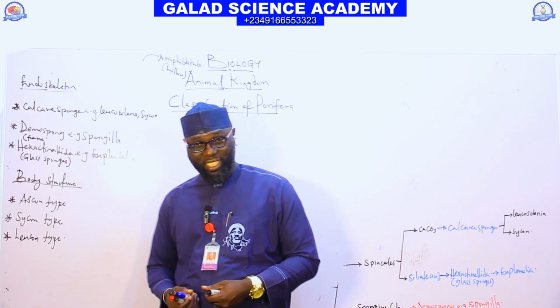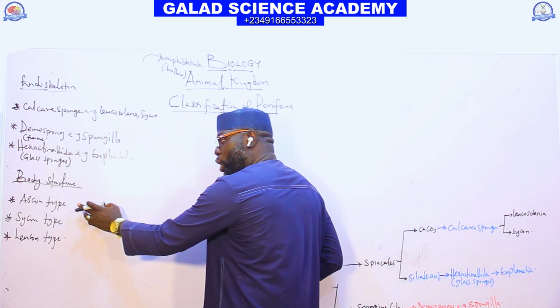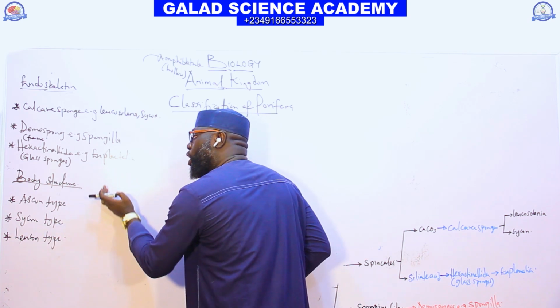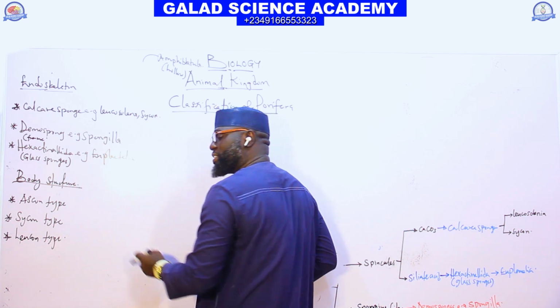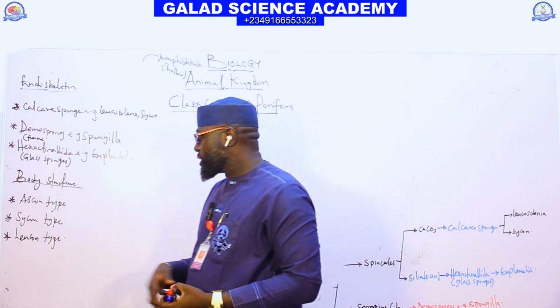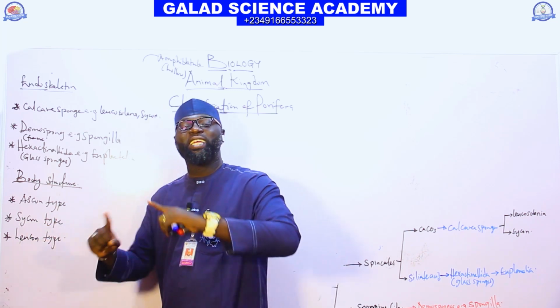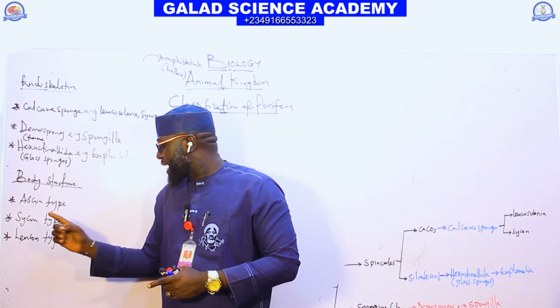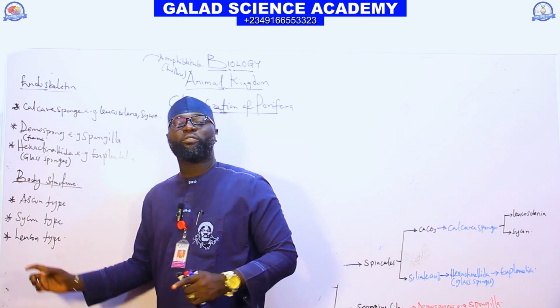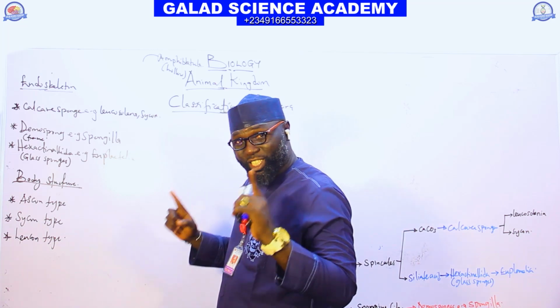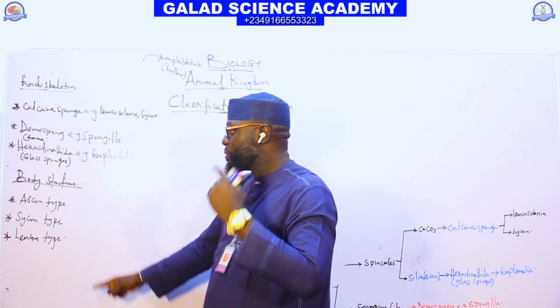And the choanocyte of Ascon type lie on the paragastric cavity, where the choanocyte of this second type can be found in the radial canal, but the choanocyte of Leucon type can be found in the chambers. That is the unique feature difference between the three.